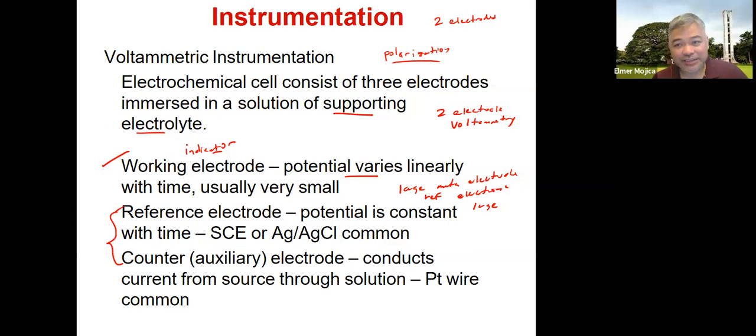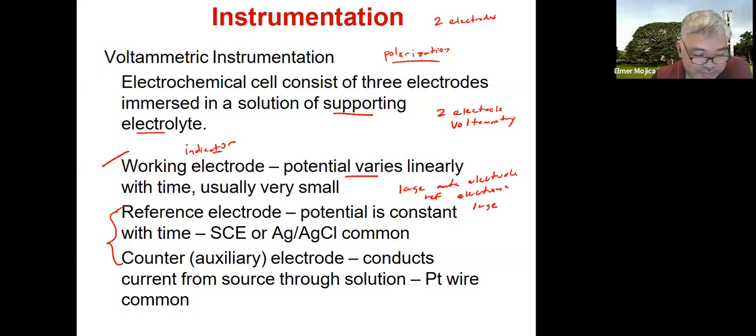So that gives us the definition of the working electrode as the electrode in the electrochemical system in which the reaction of interest is occurring. Okay? So yung working electrode mo, yan yung ini-study doon sa mga studies na binigay ko sa inyo.